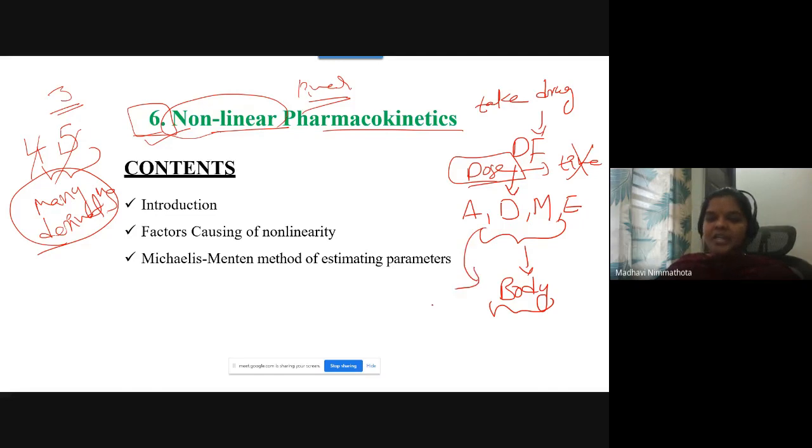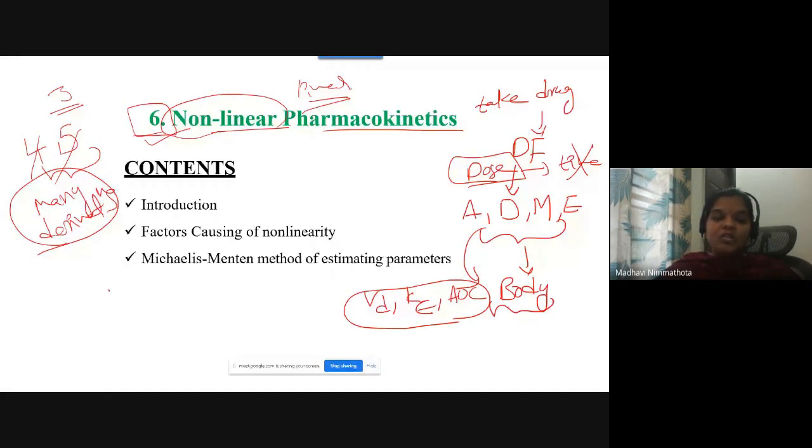Meanwhile, it is traveling in our circulatory system, dependent upon parameters like volume of distribution, Ke elimination and AUC. Drugs following these mechanisms may undergo linear kinetics.